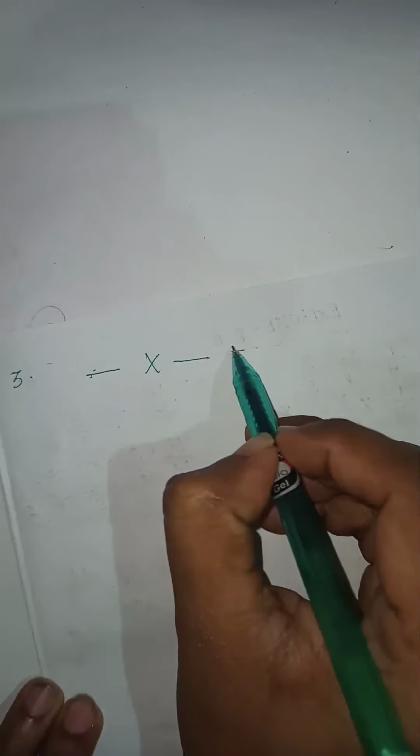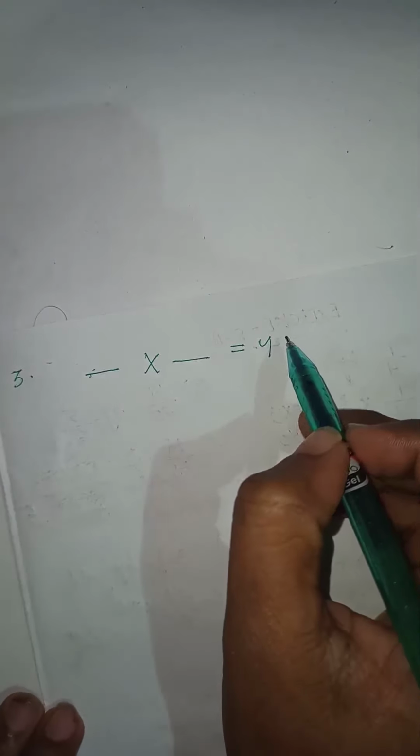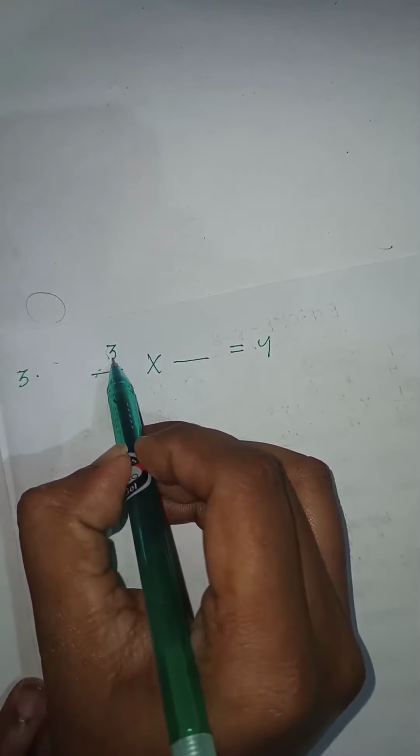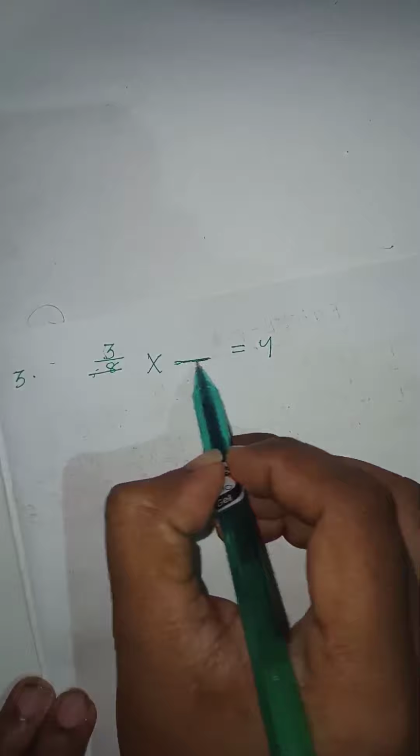Suppose here is one fraction multiplied by another fraction, that is equal to 4. And one of the fractions given is 3 by 8. Find out this other fraction.